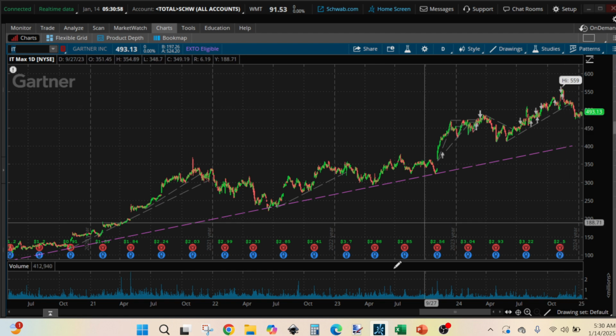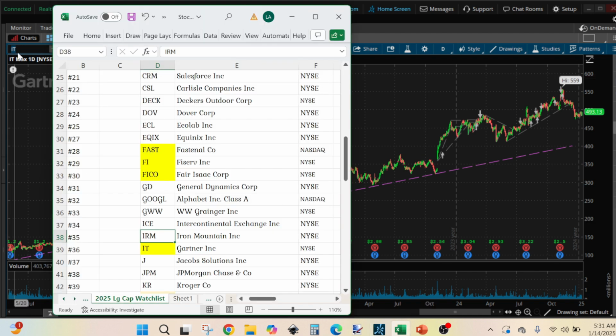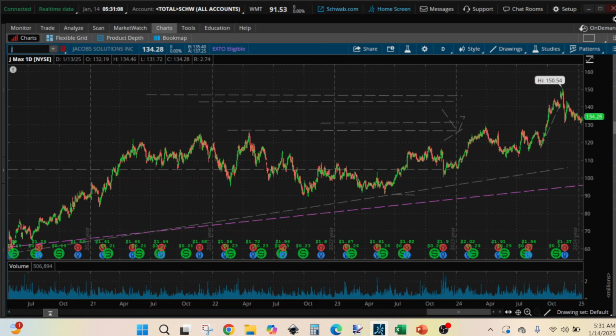The next one is J. And it seems to be going down, but far from where we like to enter. The next one is JPM. And JPM is following this trend line, but we like to buy at this one.